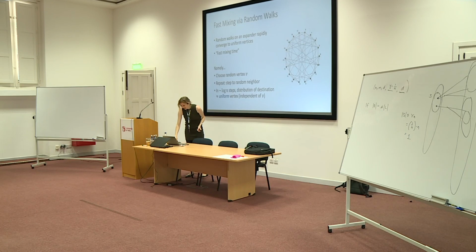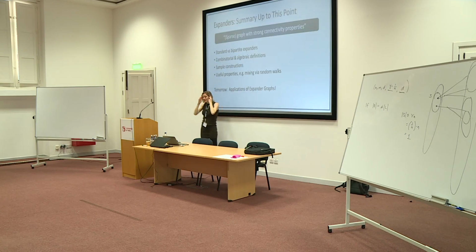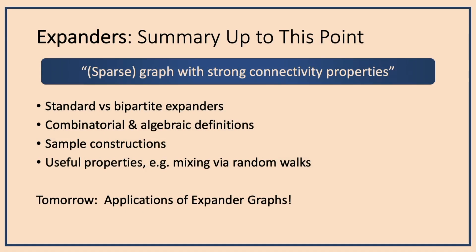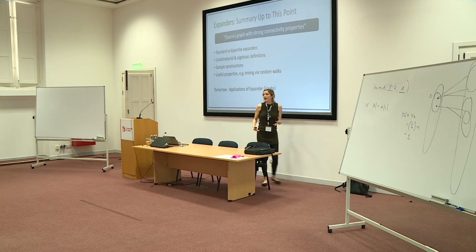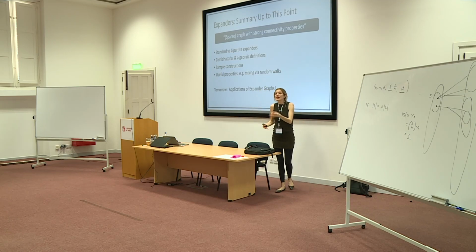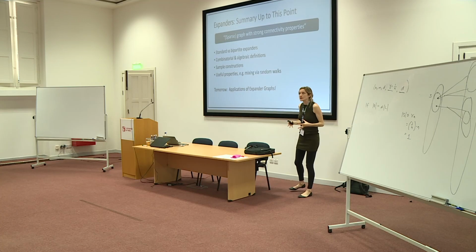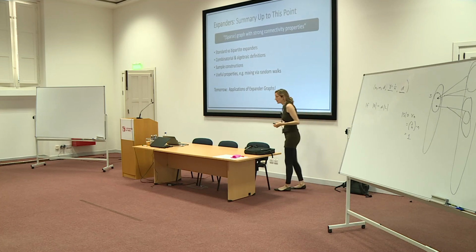Good. I'm actually pretty good on time. So with this, I'm going to wrap up for today. What are the takeaways to keep in mind for tomorrow? First of all, at a high level, there are these expander graphs. Roughly speaking, they're graphs that have strong connectivity properties, but potentially with very few edges in comparison to something like the clique.